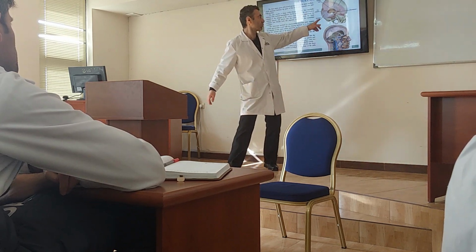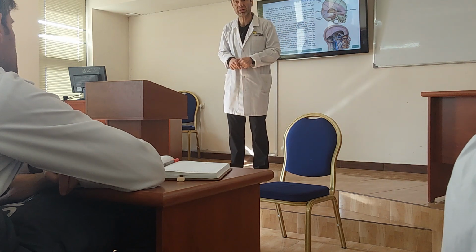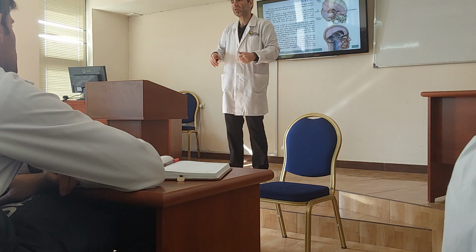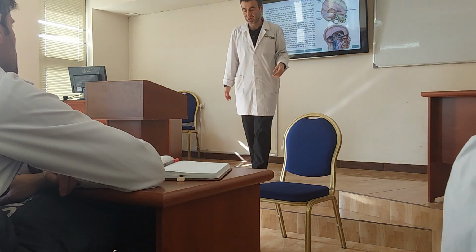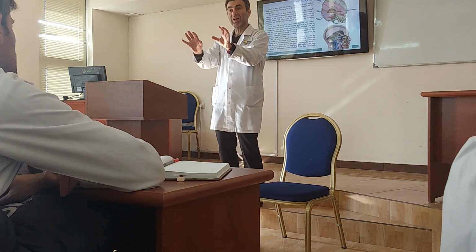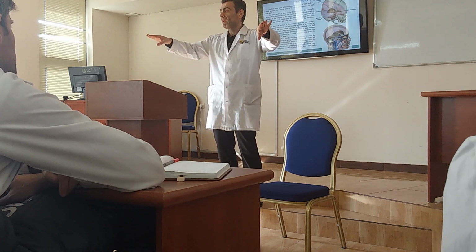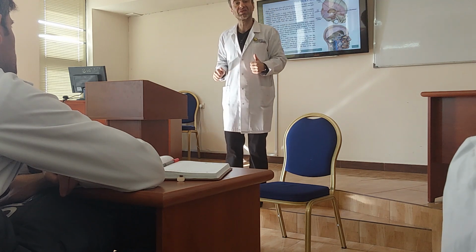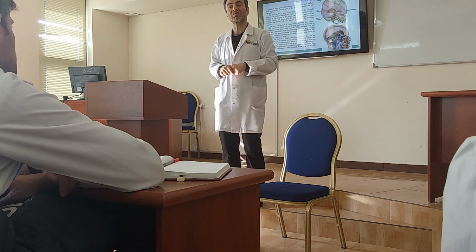And they fuse to each other at the level of the protuberantia occipitalis externa. The tentorium divides the big hemispheres from the cerebellar hemispheres. It is located between them, and it contains the biggest, widest sinus, which we call the sinus transversus.